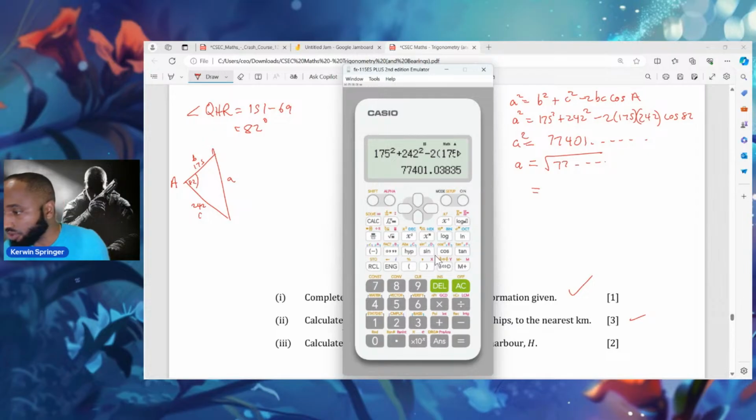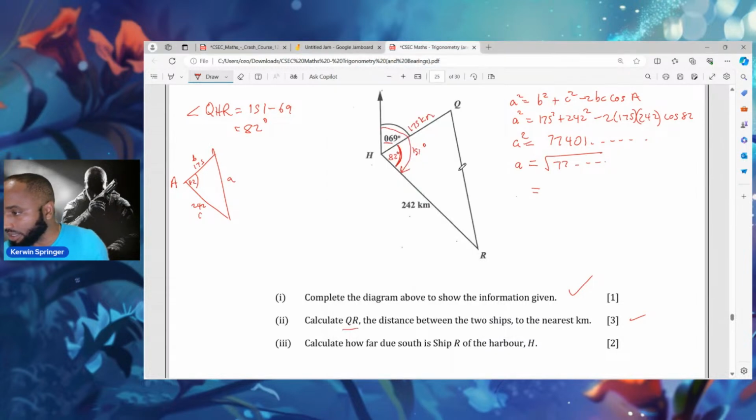So the square root of that is 278.2. To the nearest kilometer, that is equal to 278 kilometers.